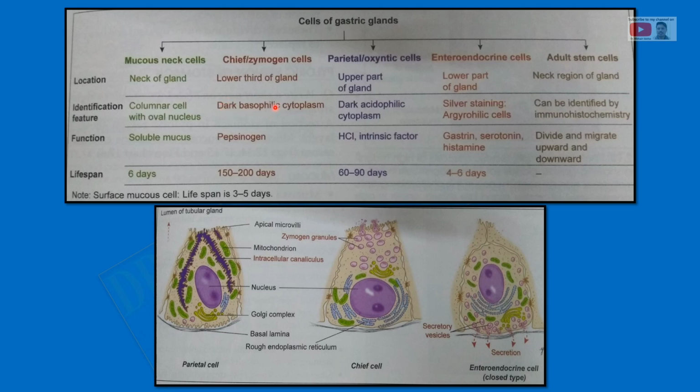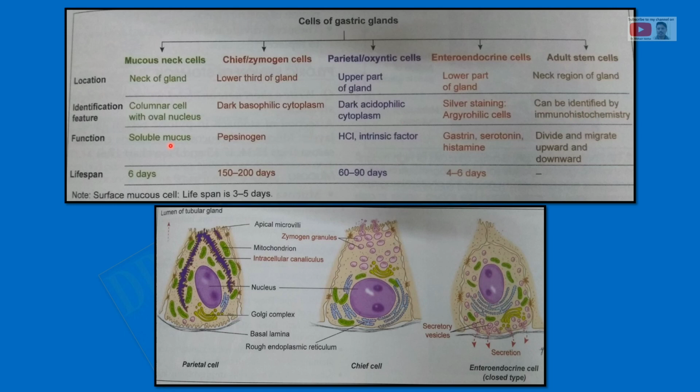These chief cells are dark basophilic, but these parietal cells are acidophilic in nature. The endocrine cells are silver staining, argyrophilic cells, and these adult stem cells can be identified by an immunohistochemistry test.